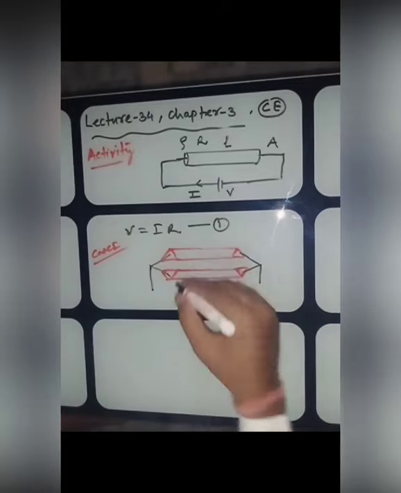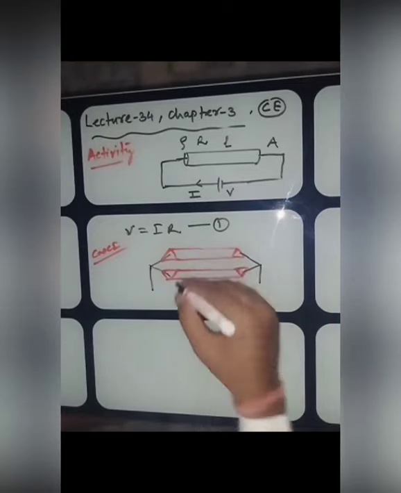Applying Ohm's law for this particular section, what is the voltage of this conductor? It is V is equal to I by 2 times R dash. So you can find V by I is equal to R dash over 2. Okay, this is equation 2, my dear student.